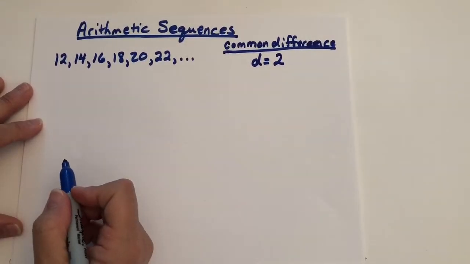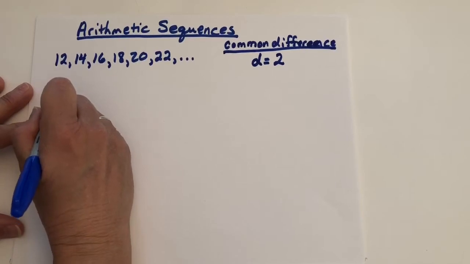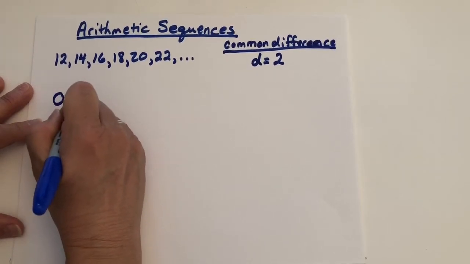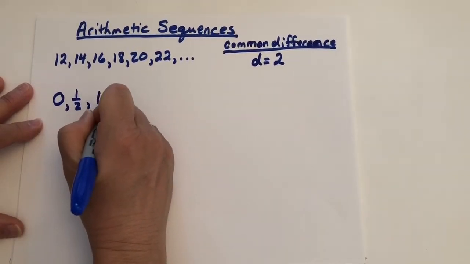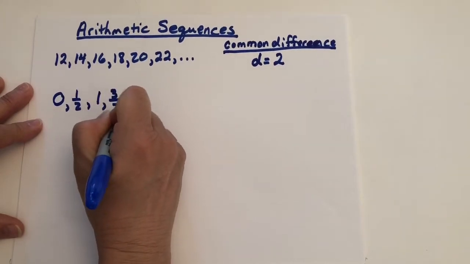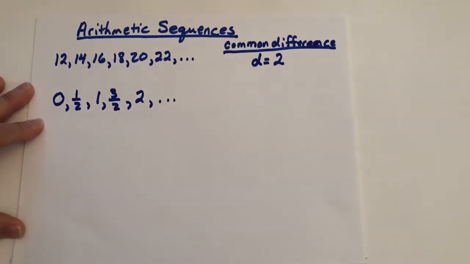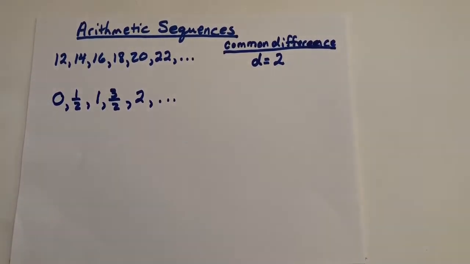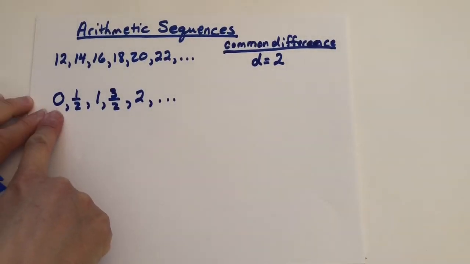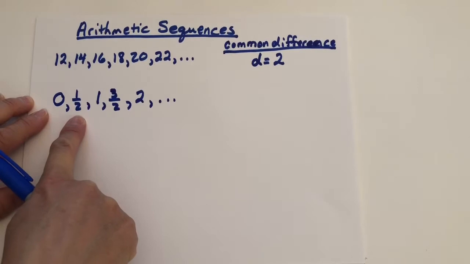Let's do another one. Here's the sequence: 0, 1/2, 1, 3/2, 2, and so on. Now you can confirm that this is arithmetic. When we start at 0, you can add a half to get a half.